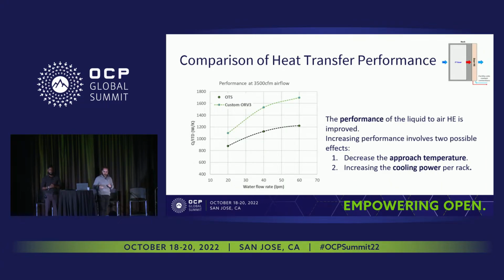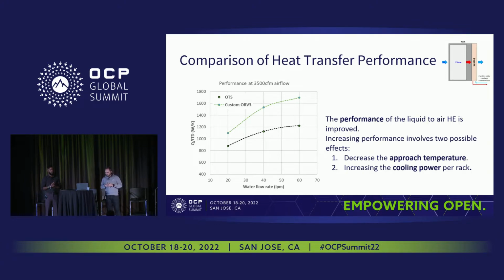So you can see here, if the performance increases, we will be able to decrease the approach temperature. This means that for a certain air temperature going into the server, we will be able to approach the facility water temperature to the air temperature leaving the server.